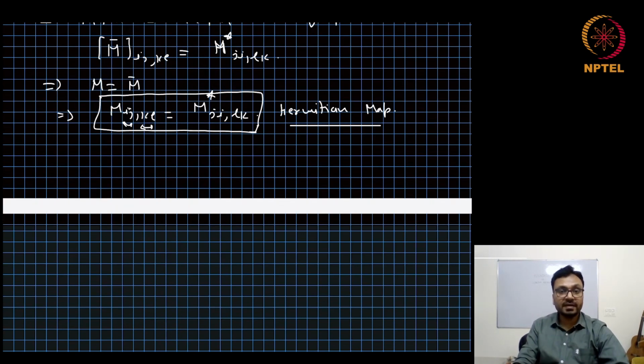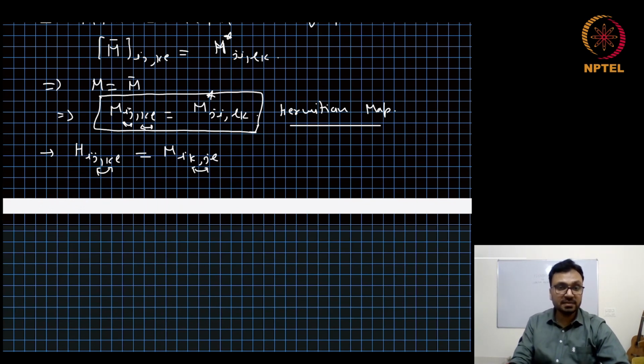This looks like a complicated condition. So what we do is we define a matrix H such that H_ij,KL is M_IK,JL. So what we have done is we have just interchanged J and K elements, and so the H matrix contains the same elements as M but reshuffled. They are kept at different places, but it contains all the elements.